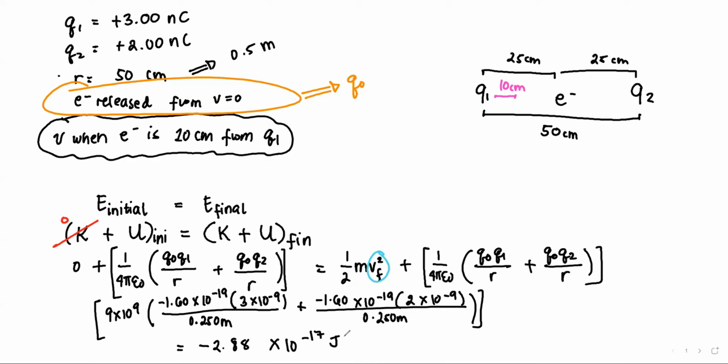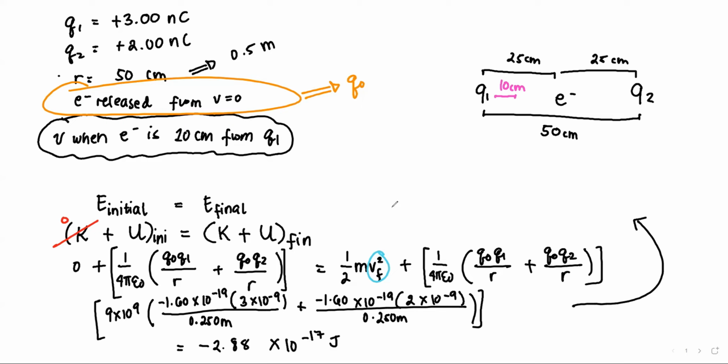Now, for the second one, we need 1/2 mv squared plus the same thing that we got a while ago. Okay, so negative 2.88 times 10 raised to negative 17. That's the left side already. The next one is the final ones.